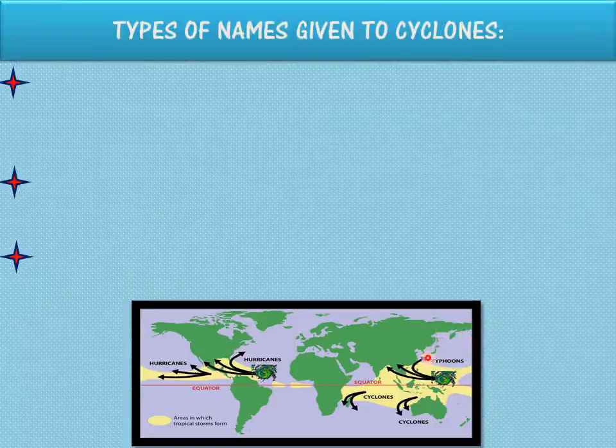Typhoons. Where are they called typhoons? Over the Western Pacific Ocean. Here you see, in the Atlantic and Pacific Oceans, these same storms with heavy rains cause hurricanes.